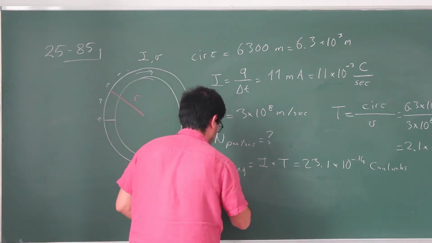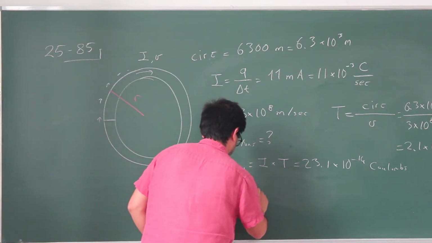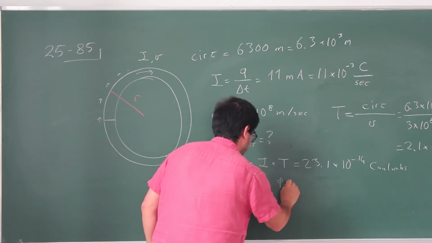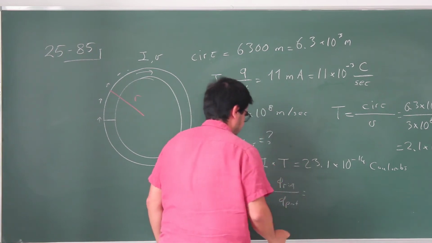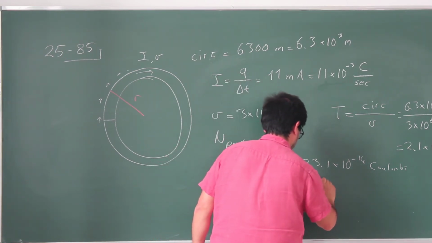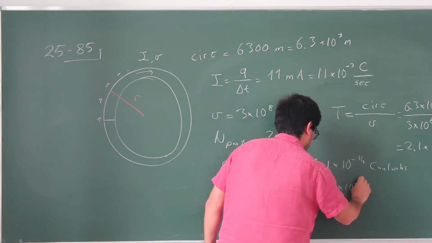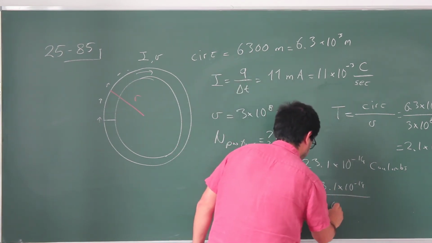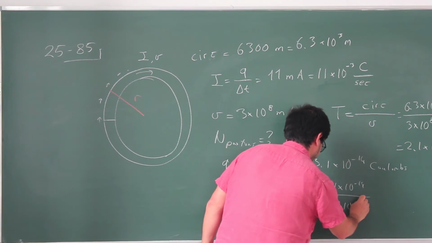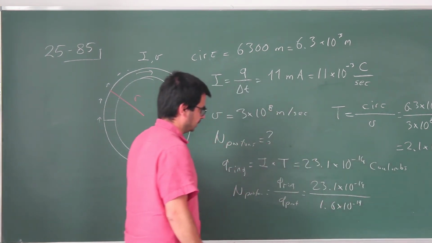So the number of protons is going to be the Q in the ring divided by Q of a proton, and this is going to be 23.1 times 10 to the minus 14, divided by, I think, 1.6 times 10 to the minus 19 coulombs, something like that.